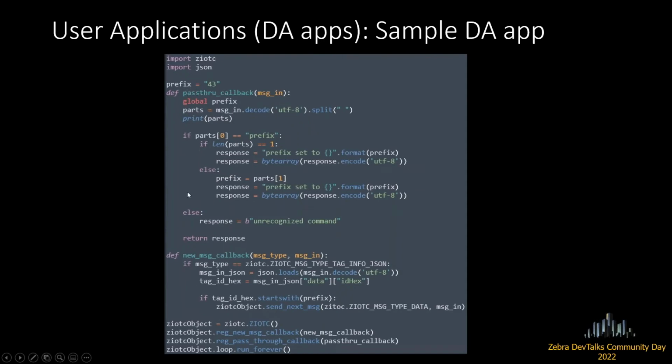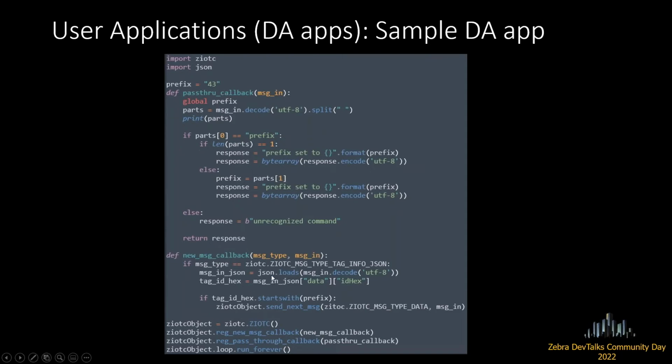So in order to do that, there is a new message callback, which is implemented by the user application. Here, I think what it is simply doing is checking the type of message that it has received. In this case, it is the tag info, and it's in the JSON format. That's the enumeration for the message type that is being sent to this module or the callback.